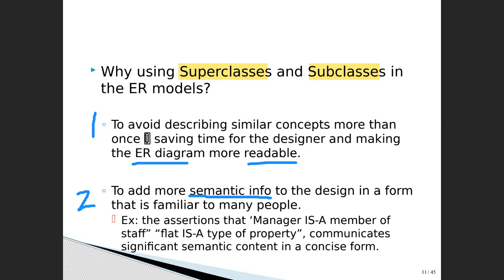Now, after discussing this, you have an idea about generalization and specialization. Based on your understanding, can you give me an example about the generalization? The term generalization means we are generalizing things.